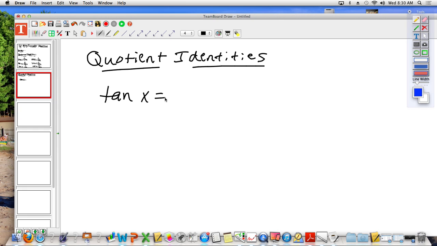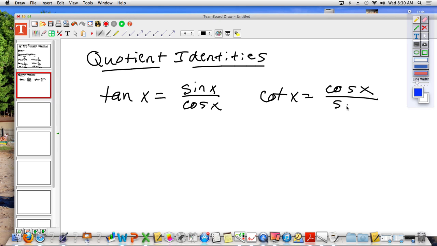It was sine over cosine. Tangent was the sine of x divided by the cosine of x, and the cotangent of x was equal to the cosine of x divided by the sine of x.